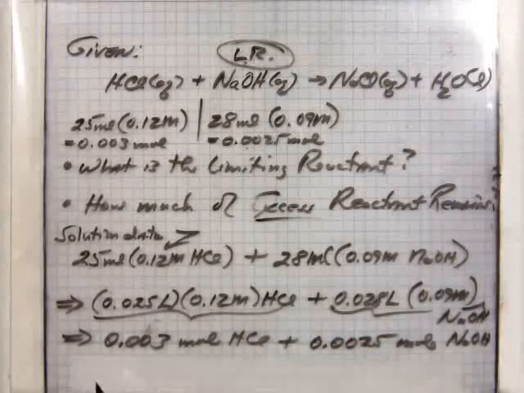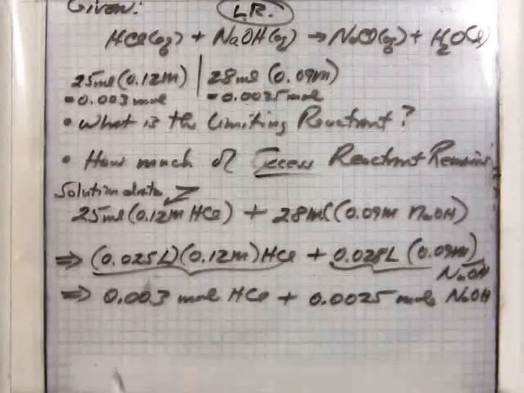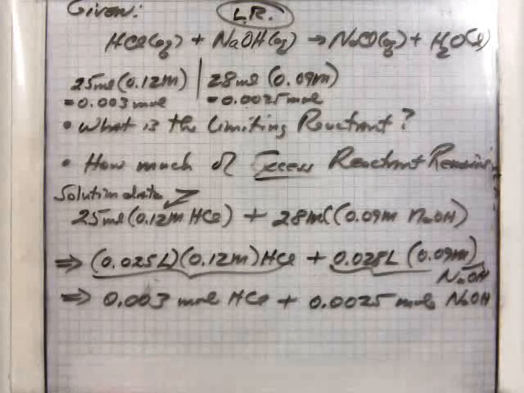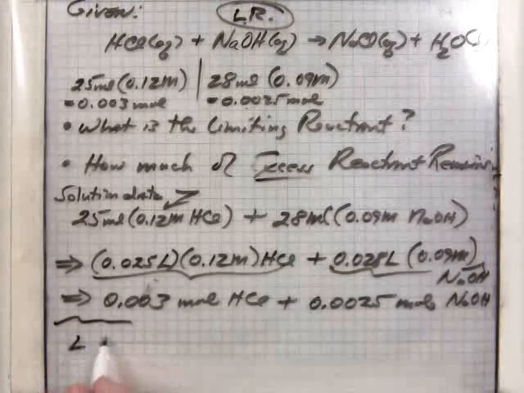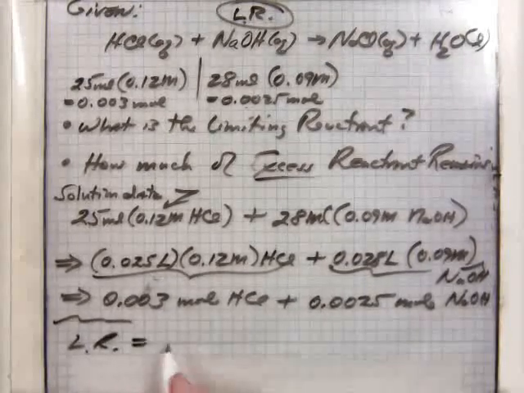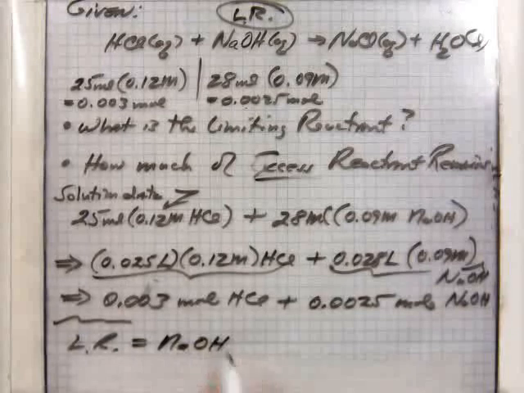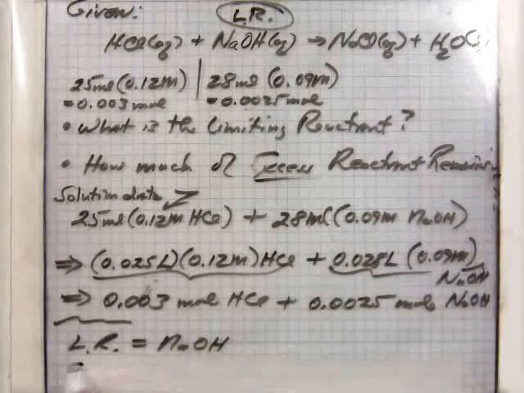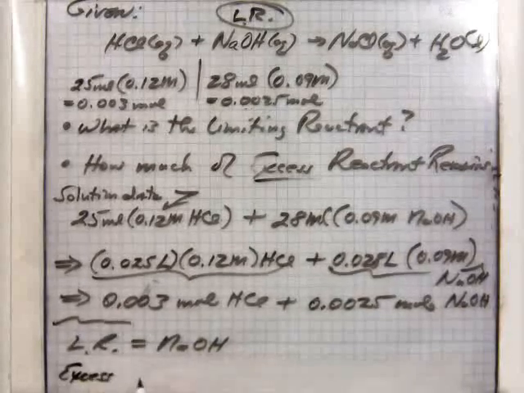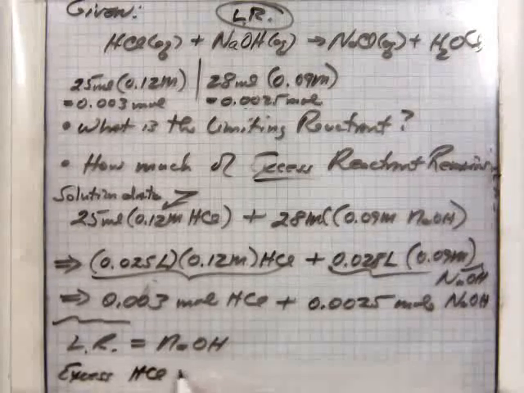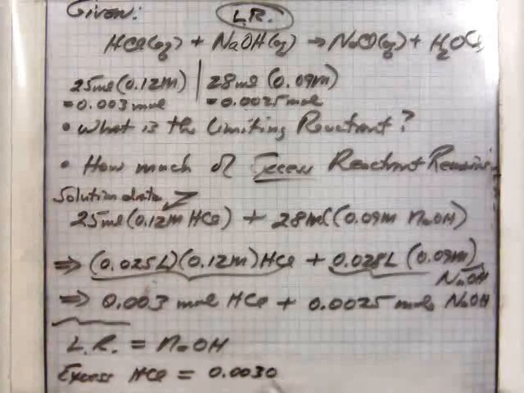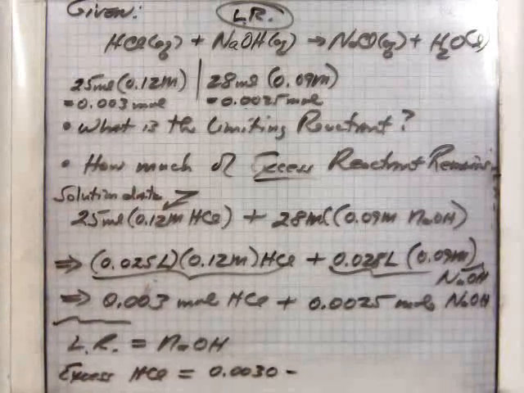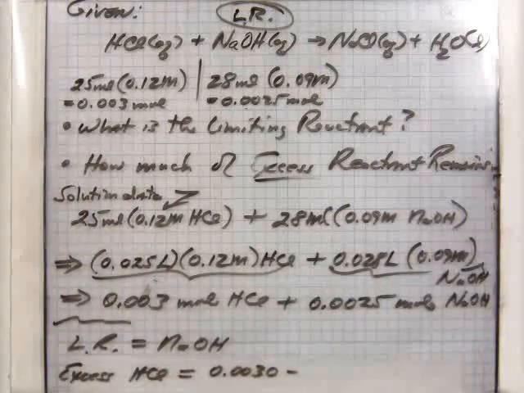Okay, so let me move this up a little bit here. The limiting reagent is the sodium hydroxide, and the excess HCl will be 0.0030 minus what is used, which is the same as how much sodium hydroxide is used, because it's a 1-to-1.